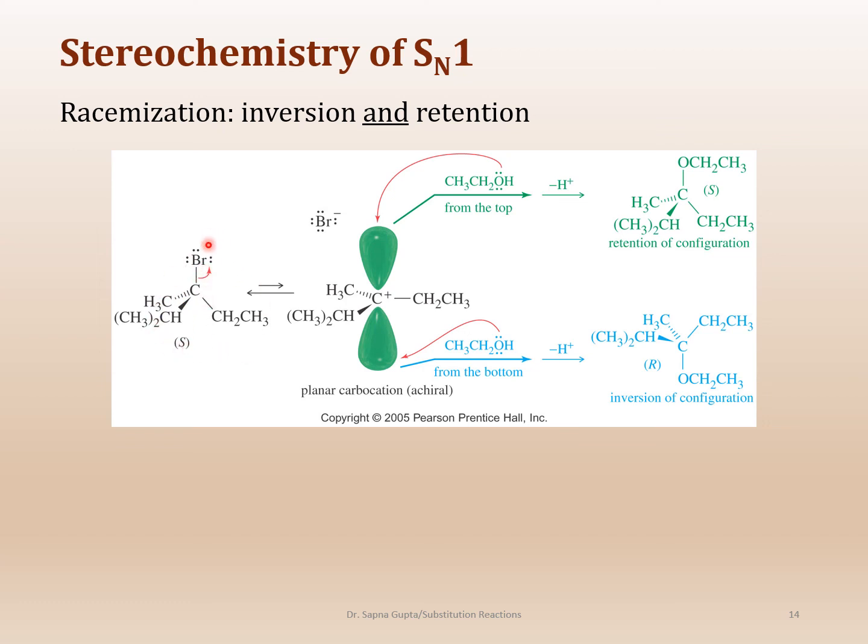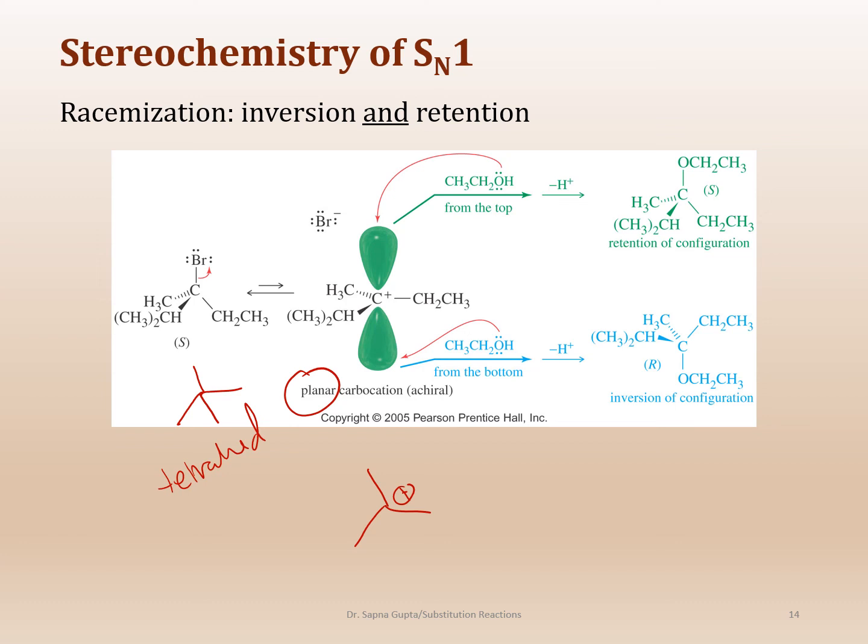Once the bromine leaves with its electrons, you form a carbocation. Once the carbocation is formed, you change the shape of the molecule. This was tetrahedral before, but now you have a trigonal planar carbocation.